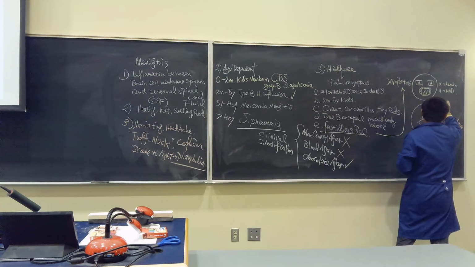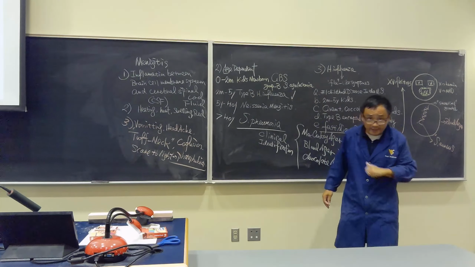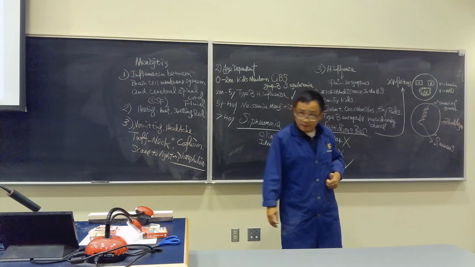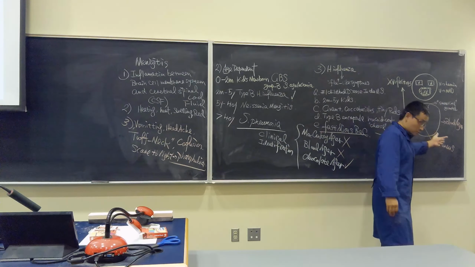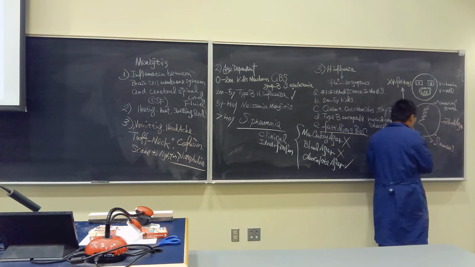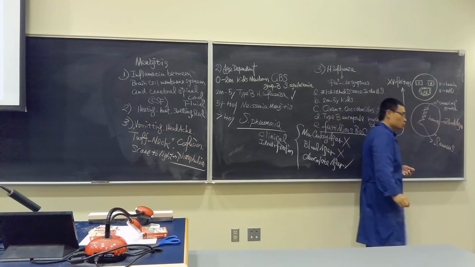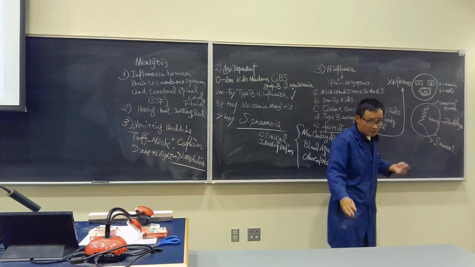Now why? We talk about XV factor. X factor is hemin. V factor is NAD. The blood agar already has hemin, and the Staphylococcus aureus grows there as an aerobic bacterium. They will generate NAD.